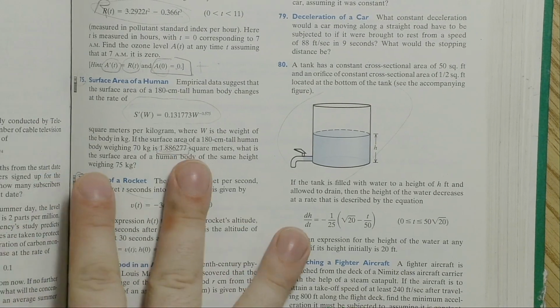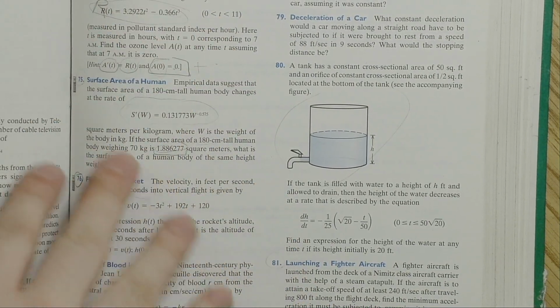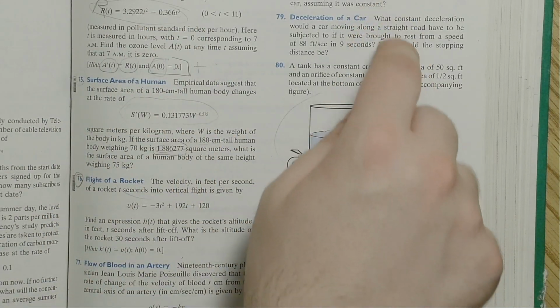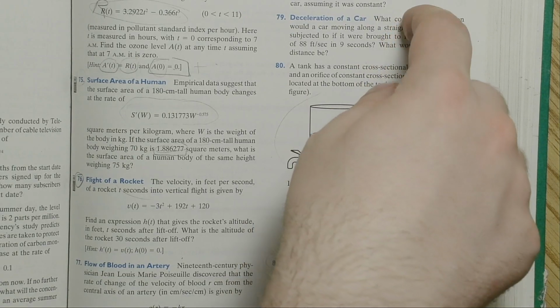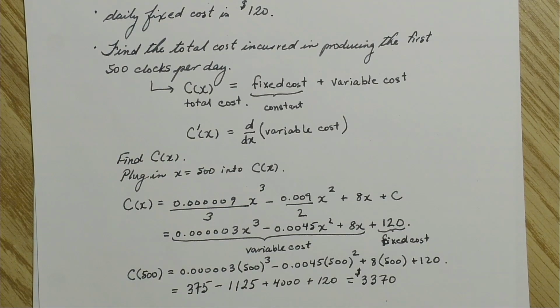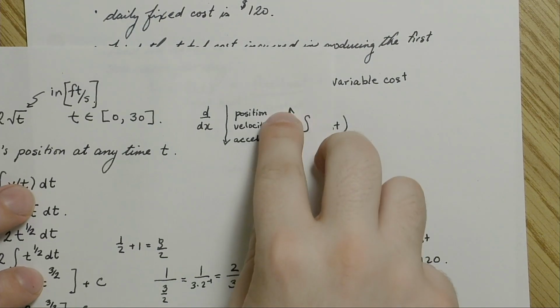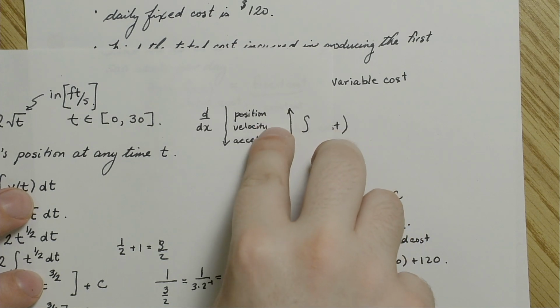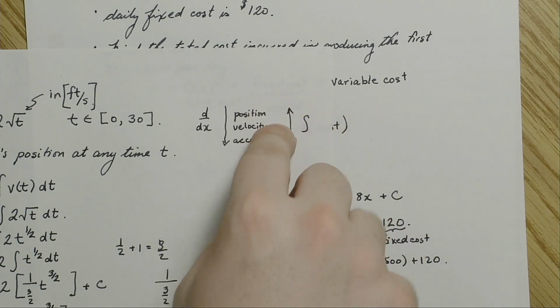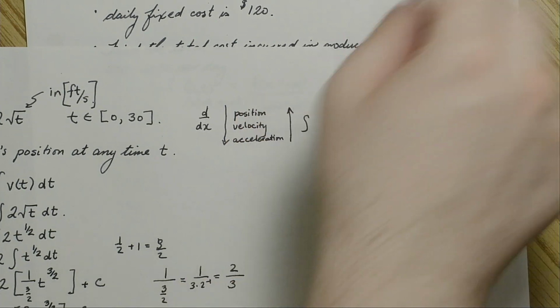And so I really wouldn't worry too much about questions like this. Questions using acceleration, deceleration, in terms of when I was explaining things of integration and differentiation. Remember we were talking about this, that we had the position, if we take the derivative of that, we got the velocity, and we took the derivative of that, we got acceleration, and if we integrate it back up, we can get back to the original function.